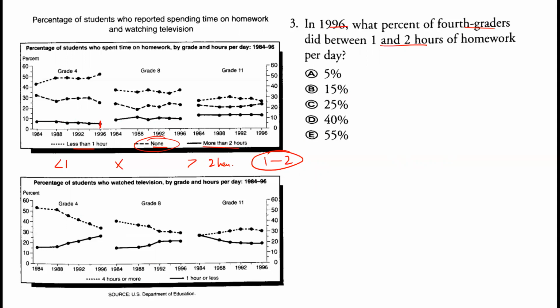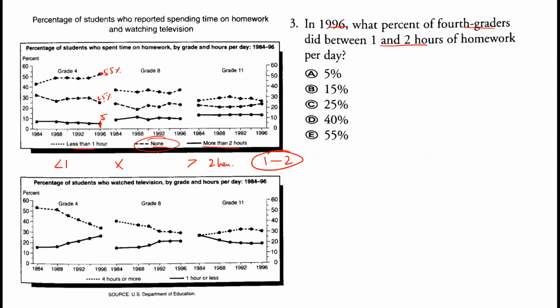So 5% of them are doing more than 2 hours. And approximately 25% of them are doing none. So they are doing no homework at all. And there are 55% doing homework which is less than 1 hour.